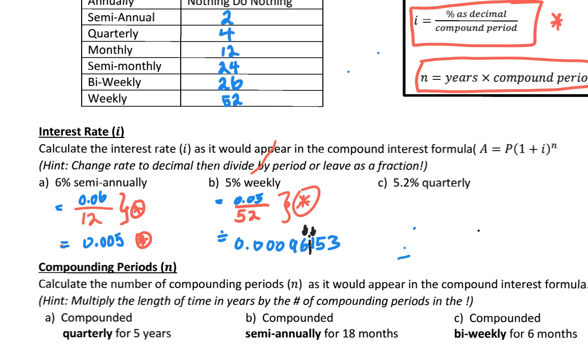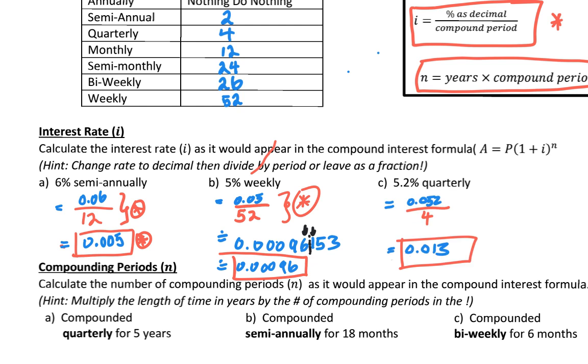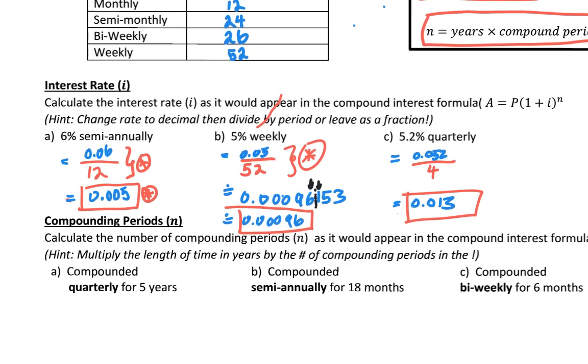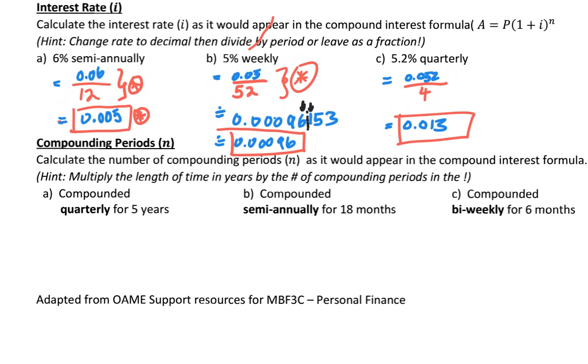That will be our approximate number that we can use in our calculations. So I would say this could be used for our rounding purposes. The same thing can be done for quarterly when you have 5.2%. And we're done.